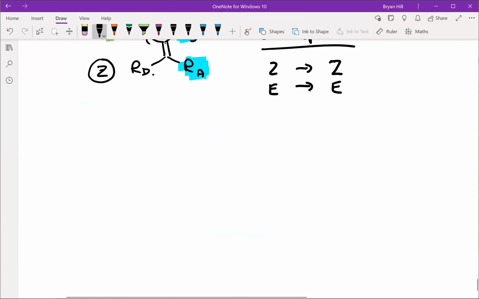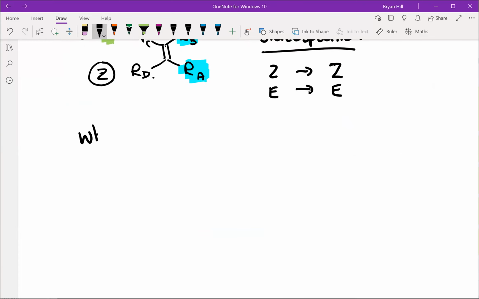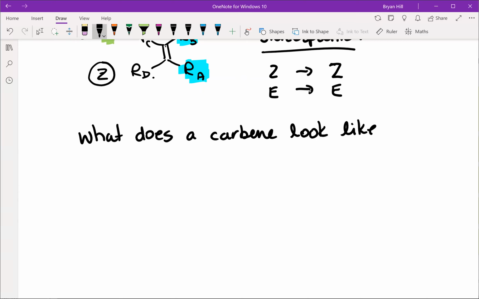Now, what does a carbene look like? It is an interesting molecule.